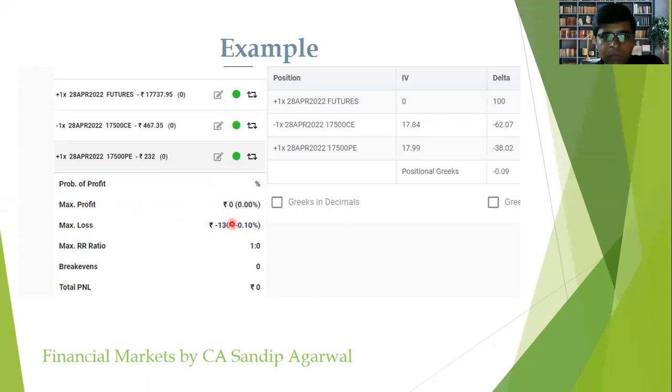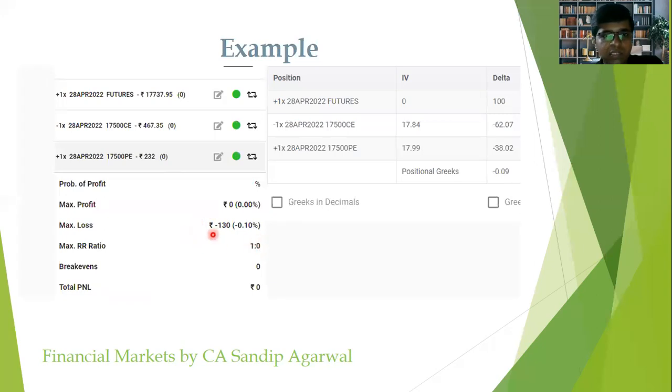You can see the max profit is 0 and the max loss is 130. I have taken this example as on the 1st of April, and this is for the 28th April expiry contract. Irrespective of wherever the Nifty moves, the chance of profit is 0 and the maximum loss is 130.